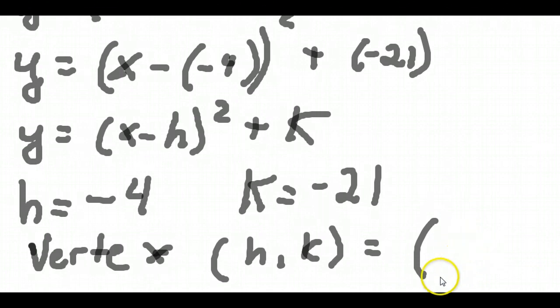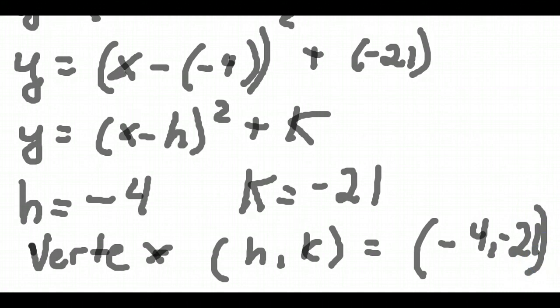So we could plot the vertex at -4, comma, -21. That's where the vertex is. So this is where the parabola goes down and takes its turn, right at -4, -21. And we also know that the axis of symmetry, x equals h, is at -4.